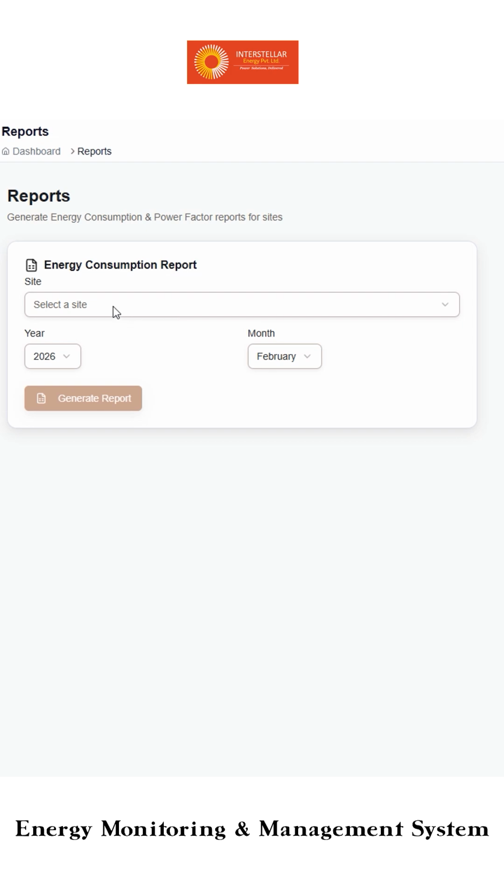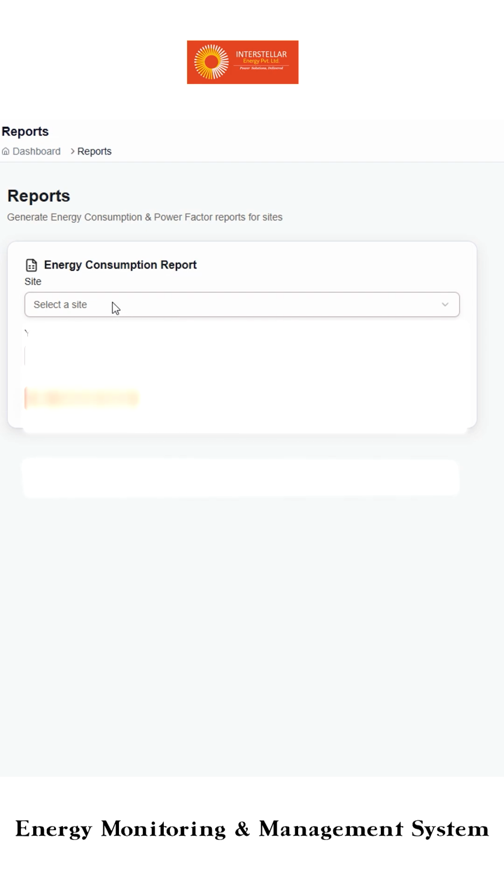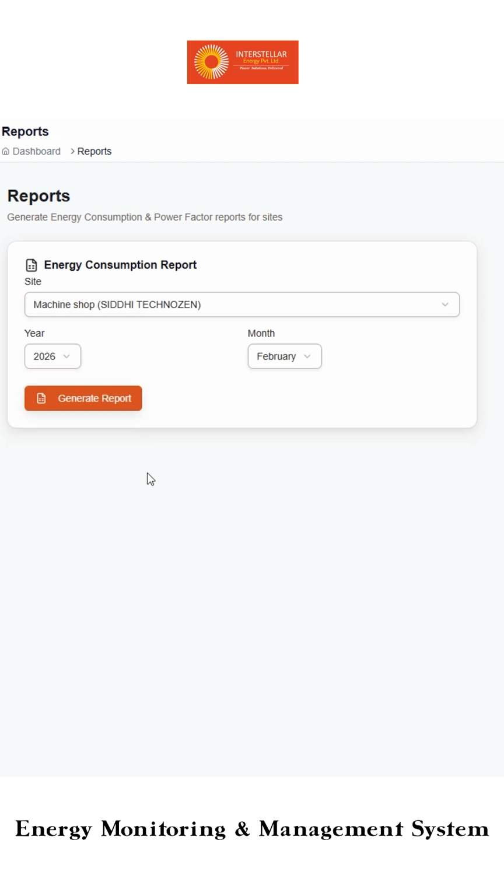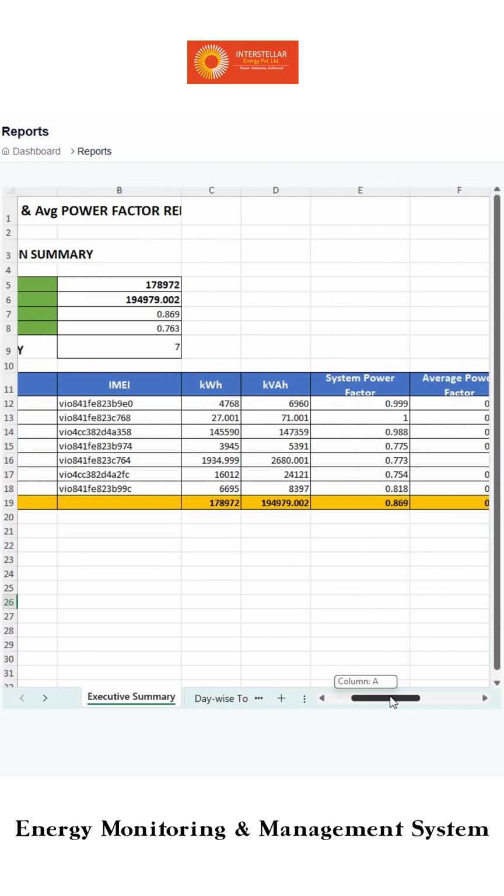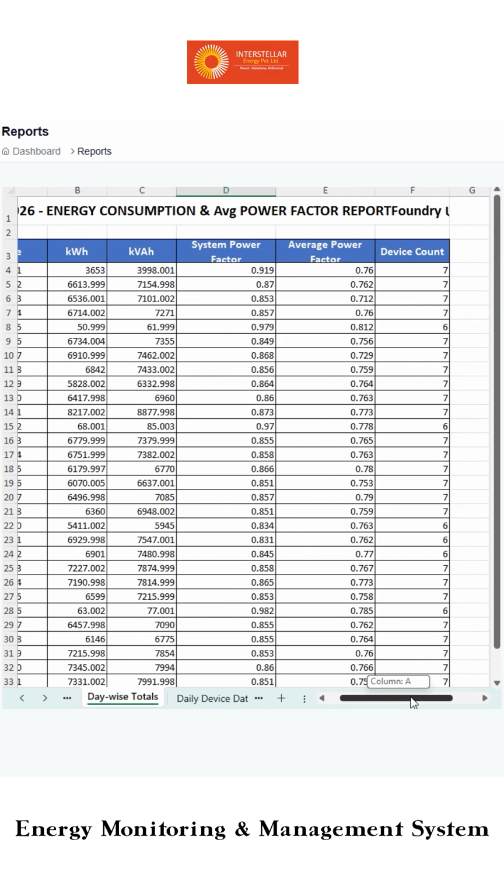These reports show total power consumption, the amount of energy used, the trend of power consumption over time. We can also generate the current month's report, which shows how many units were consumed, what the power factor was. All this information can be generated and analyzed through the system.